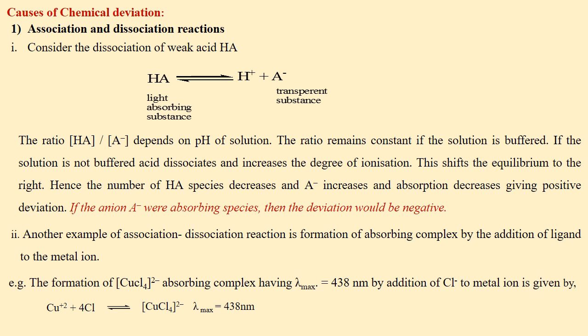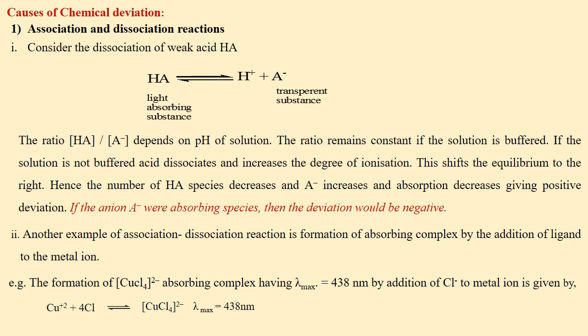When we consider the dissociation of a weak acid HA, which dissociates into H plus and A minus, the ratio of the concentration of HA to the concentration of A minus depends on the pH of the solution. It remains constant if we add a buffer solution, which creates constant pH.